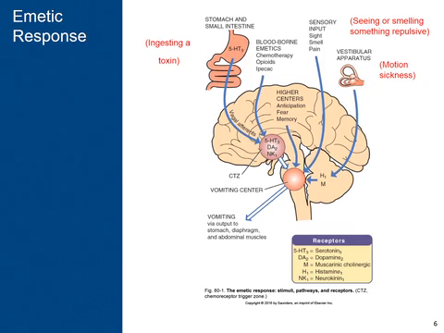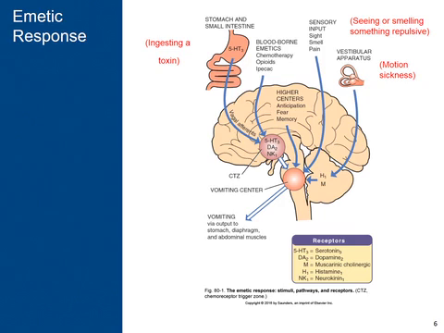There are also indirect signals. Looking at this picture over on the left side, we have some of those indirect signals. The chemotrigger zone, which is part of the brain, will receive signals from the stomach or the small intestine. Usually it's due to toxins that are binding at receptors in the small intestines or the stomach. Those result in a message from the chemotrigger zone that influences the vomiting center and induces nausea and vomiting.